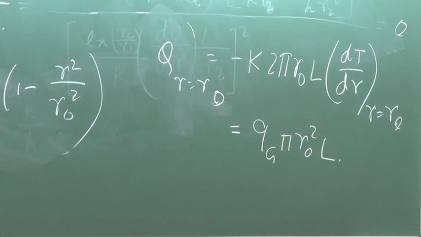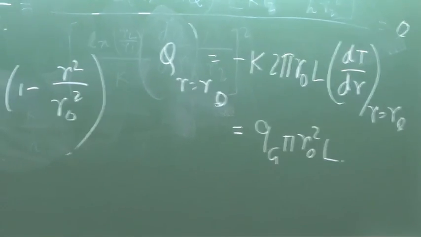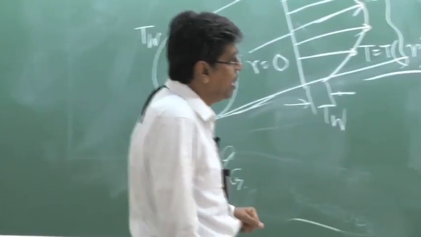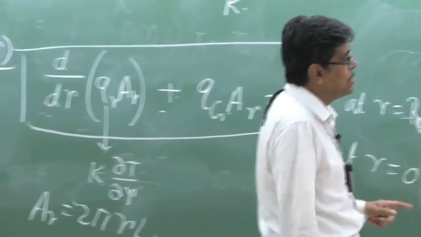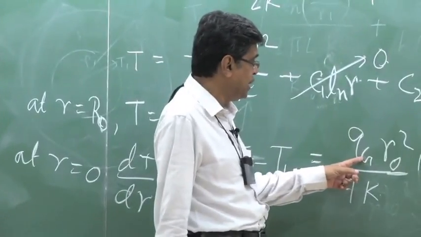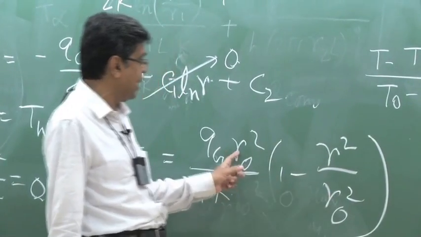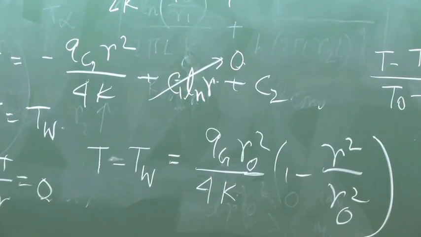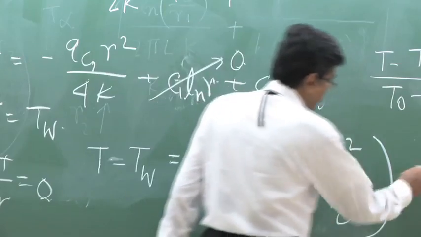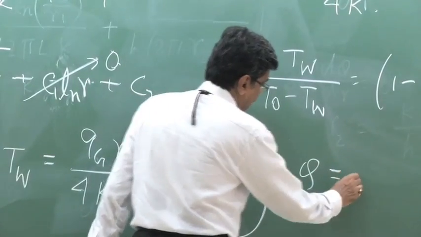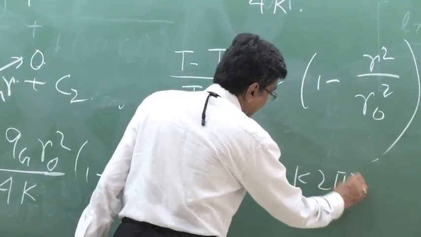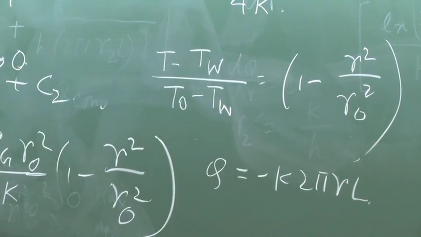Okay? Clear? You can find out the value of Q at any R, that also you can find out, that is minus k twice pi RL into dT/dR, which is Qg R0 square by 4k into minus 2R by R0 square. R0 square will cancel. One can find out Q, this is minus k at any area, twice pi RL at any radius R, into dT/dR.